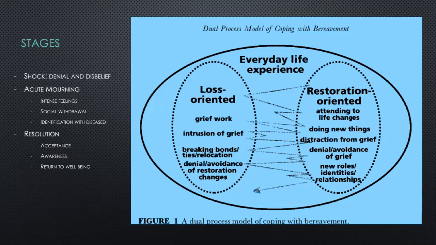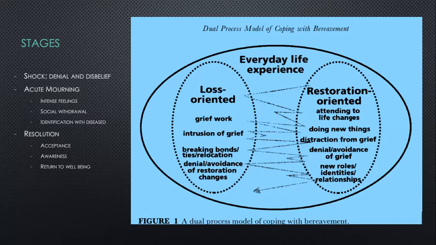So, the dual process model of coping and bereavement is how the individual's grief alternates between loss oriented grief and restoration oriented grief. So, loss oriented coping is the grief work, it's the intrusion of grief. So, you really feel the physical and emotional symptoms of the loss. It's breaking bonds, denying the grief, and avoiding it, and the individual becomes obsessed with the loss.